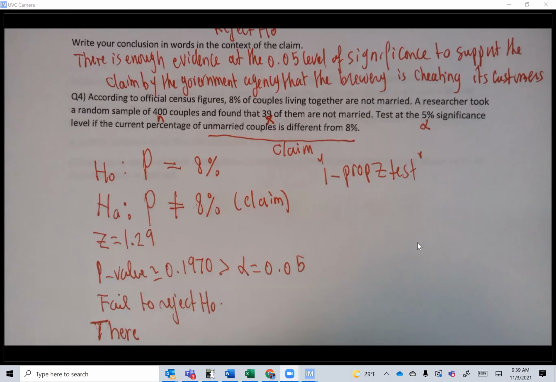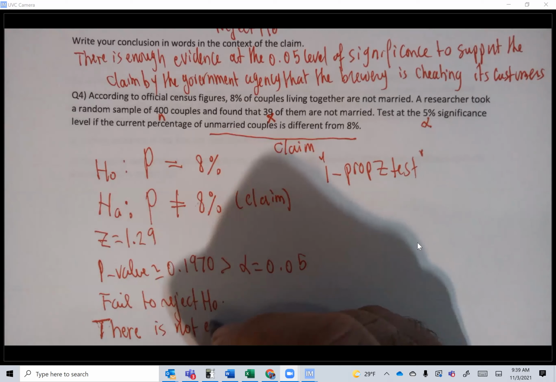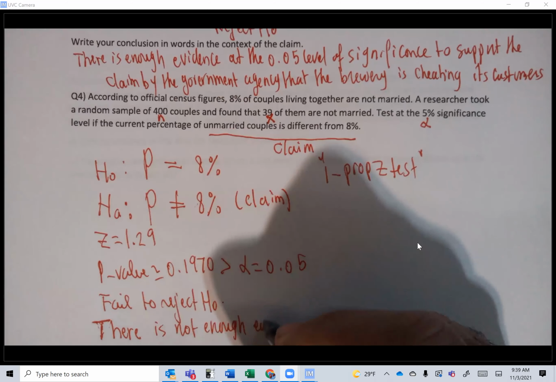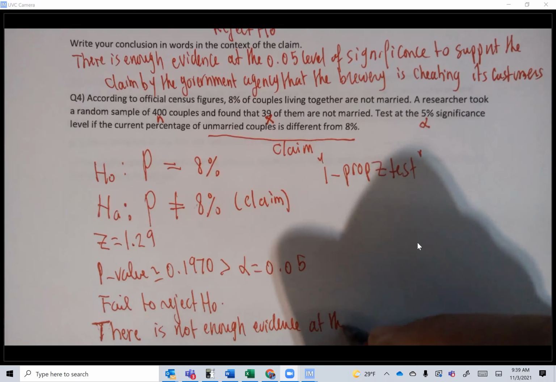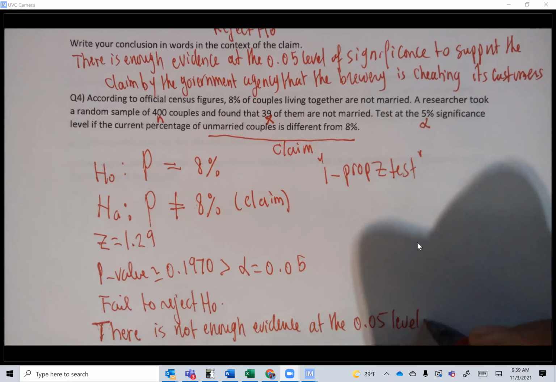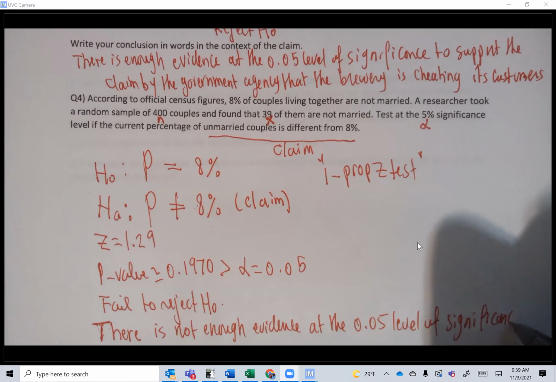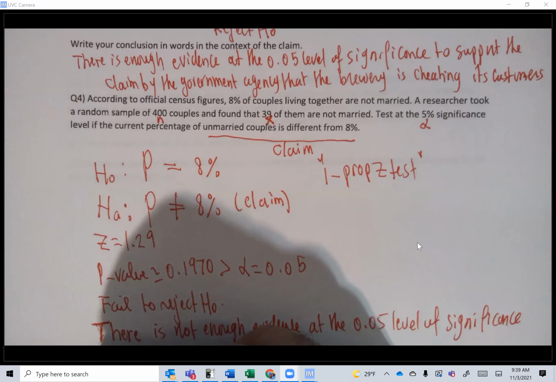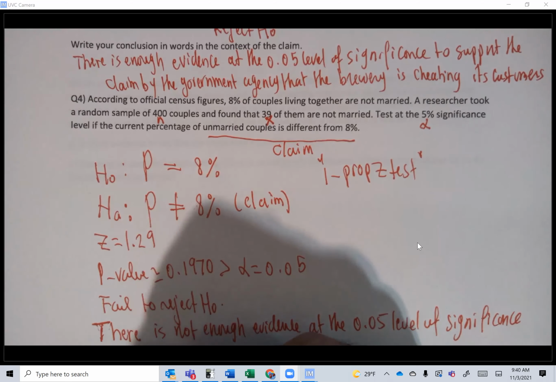There's not enough evidence at the 0.05 level of significance. Can you continue, please? To support the claim. Yeah.